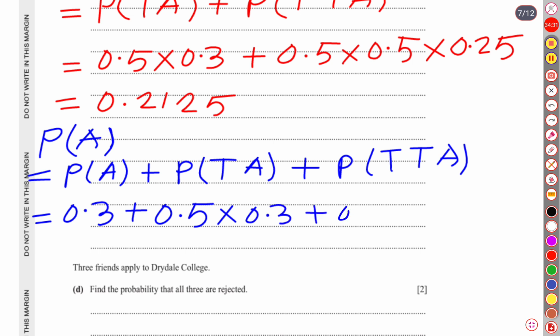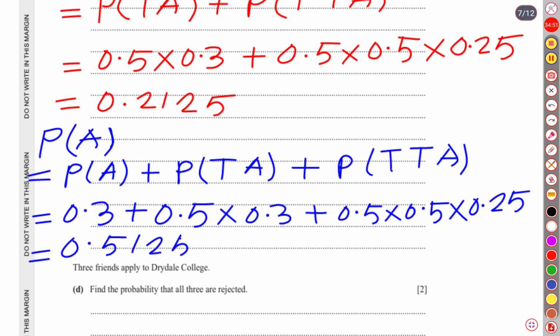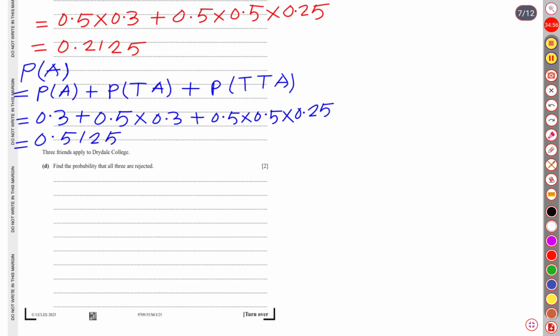Or he failed in the first test as well as the second time, but finally he succeeded, whose probability is 0.25. Then after simplification we will get that 0.5125 is the probability. Now we will write the final part of the solution.